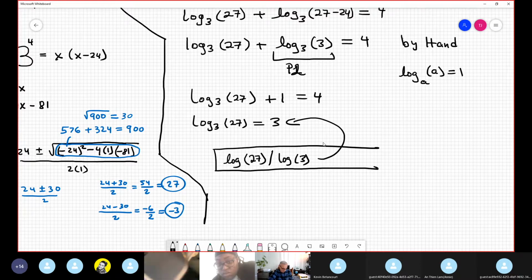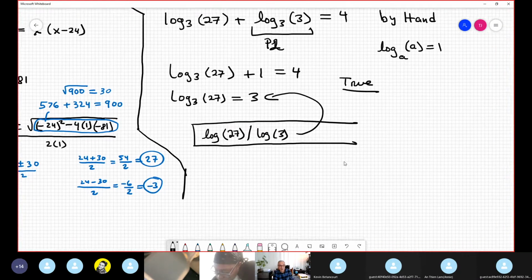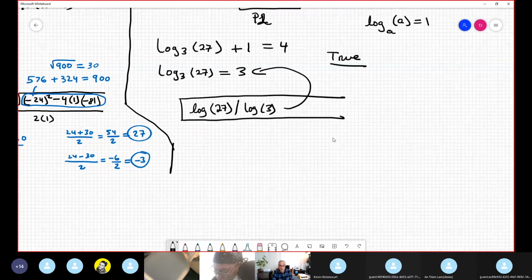It says logarithm 27 divided by logarithm 3. Boom, I get 3. This is true. This is one possibility.